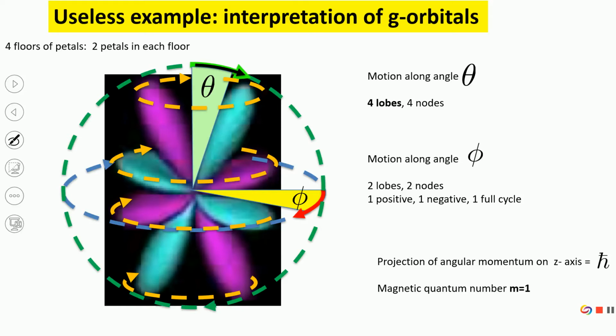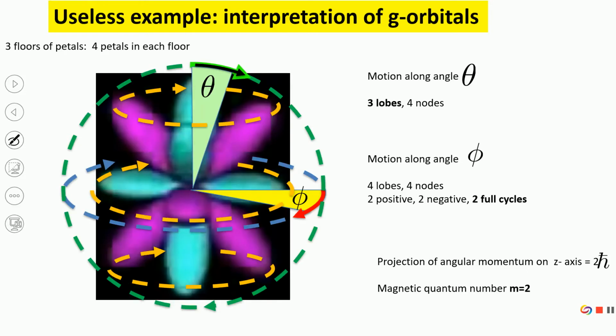But in addition, there is one nodal line in the azimuthal motion. So it means it will move not only out of plane, but also in plane. So by looking at these figures, one can figure out what the quantum numbers are. And we are simplifying the picture just to get the overall idea.